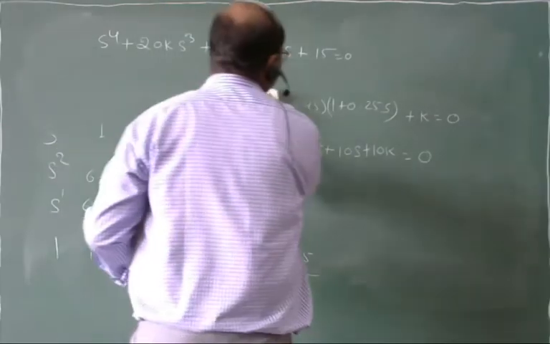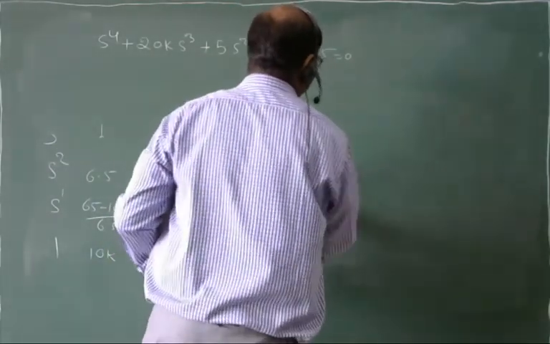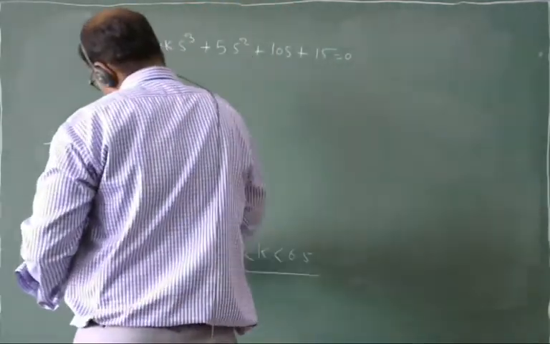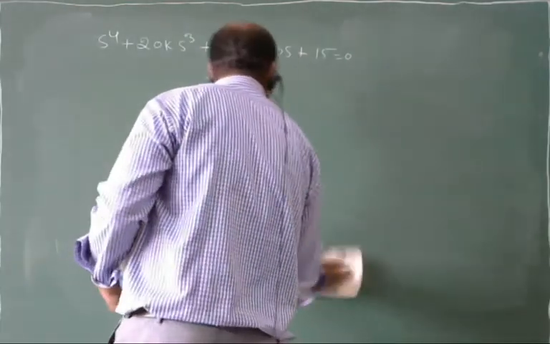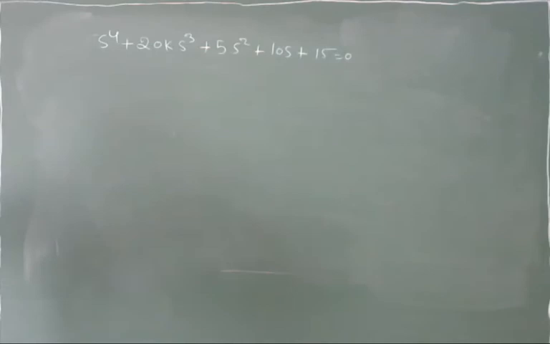What should be the value of K such that the system is completely stable? What should be the value of K such that the system is absolutely stable or completely stable?